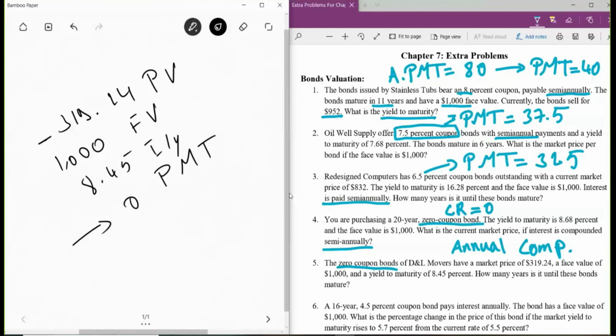And then I solve to find N. So compute N. N is equal to 14.07. Because I have annual compounding, this is the answer in years, 14.07 years.